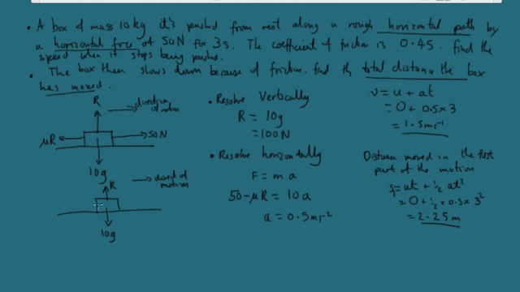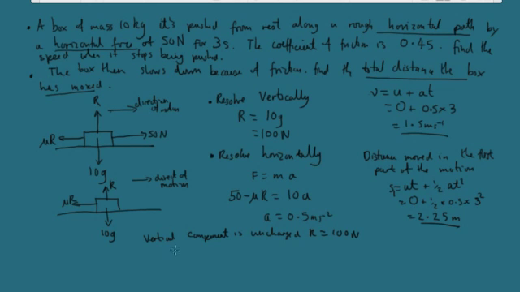So we've still got our frictional force in this direction. Now the vertical component is unchanged. R is still going to be equal to 100 newtons.